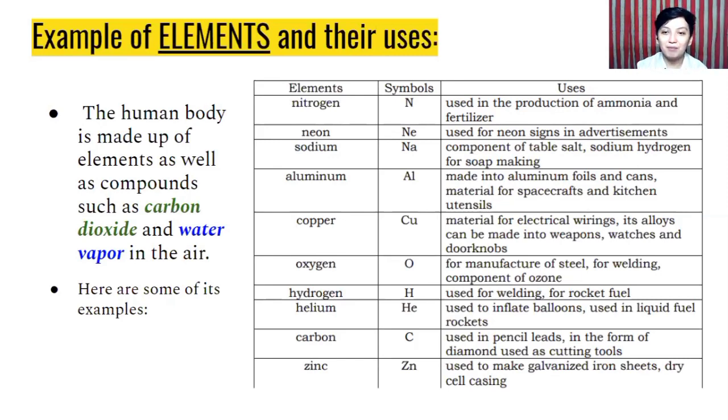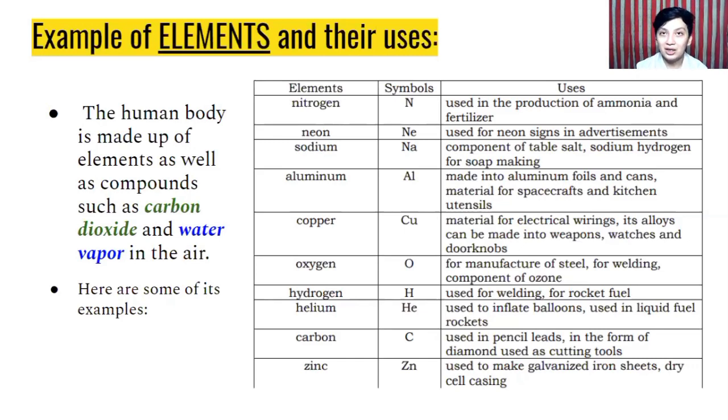Its alloys can be made into weapons, watches, and doorknobs. Oxygen, O, for manufacture of steel, for welding, component of ozone, O3. Hydrogen, H, used for welding and rocket fuel. Helium, He, used to inflate balloons and in liquid fuel rockets.